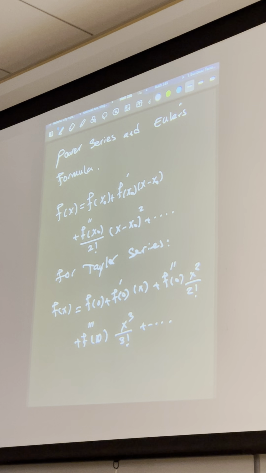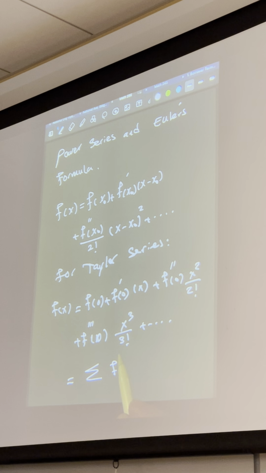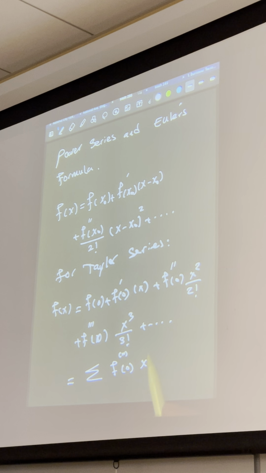So it makes it a lot easier to do. You can write it in summation form: the sum of f to the n at the point 0 times x to the power of n over n factorial, going from 0 to infinity.